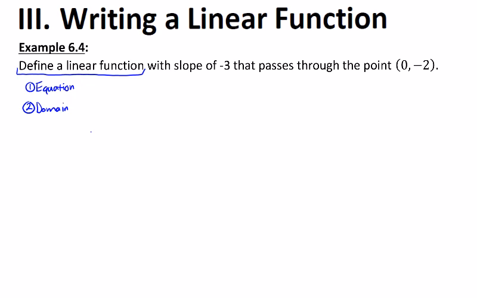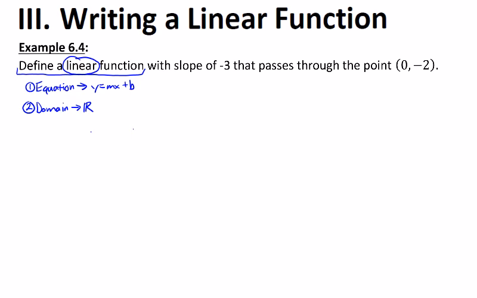So because we have the modifier here of linear, I know that the equation has to be of the form y equals mx plus b. And then also because of the equation y equals mx plus b, since there's no division by zero possible, there's no square rooting going on in this equation, then there would be no restrictions on the domain. So we automatically know that the domain has to be all real numbers.